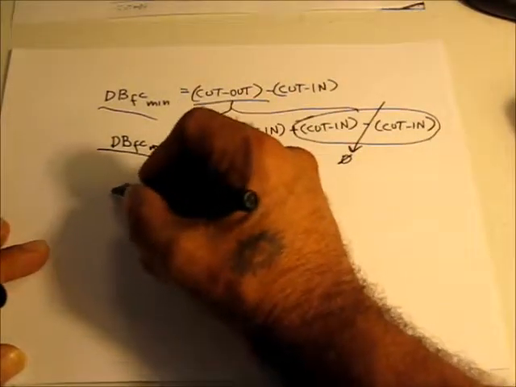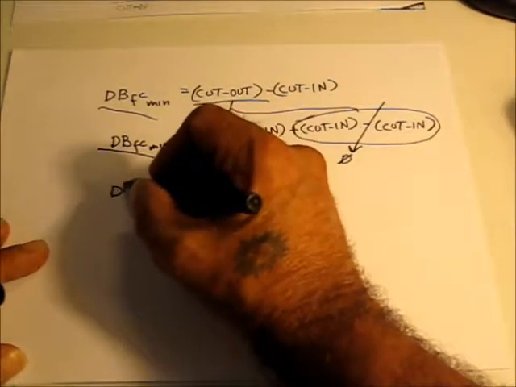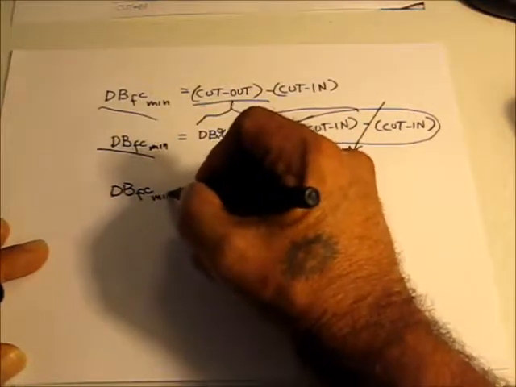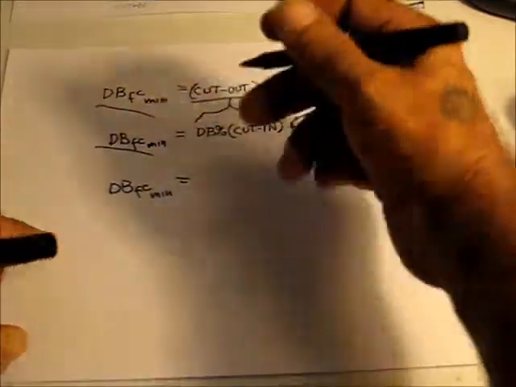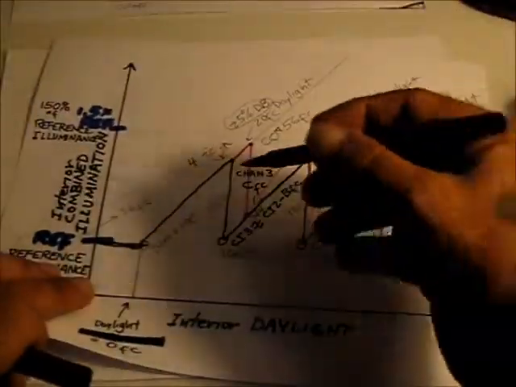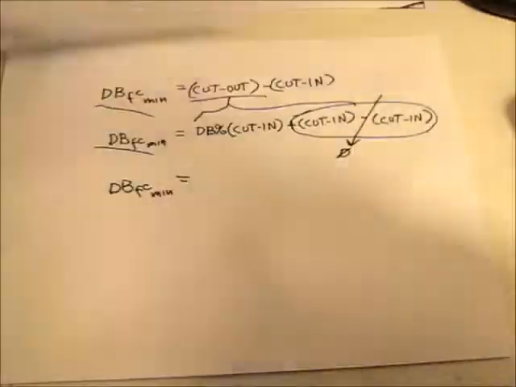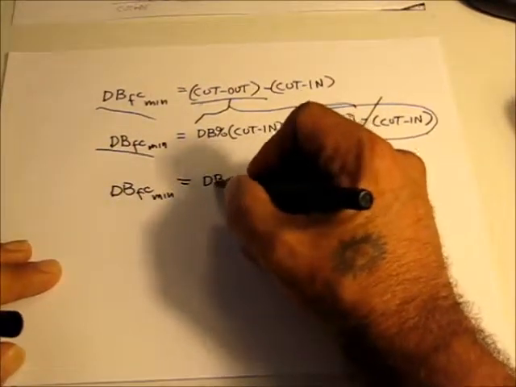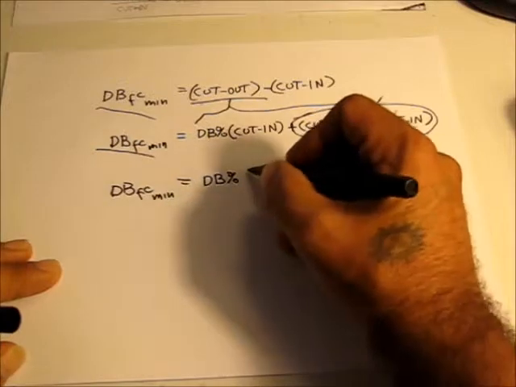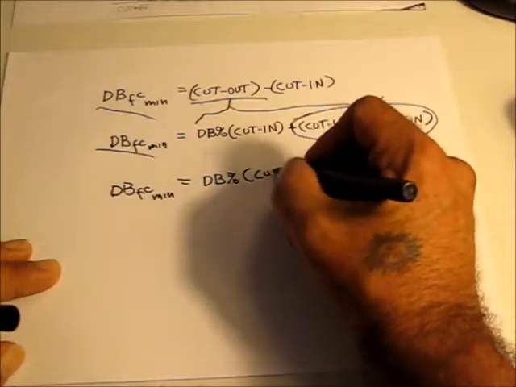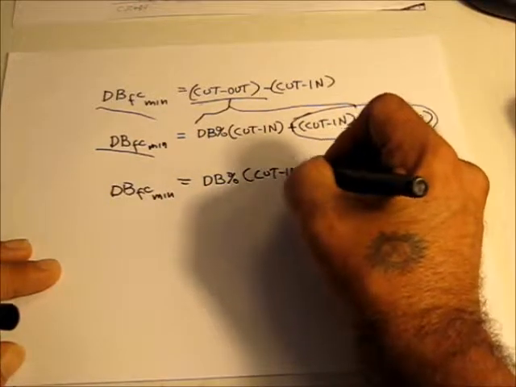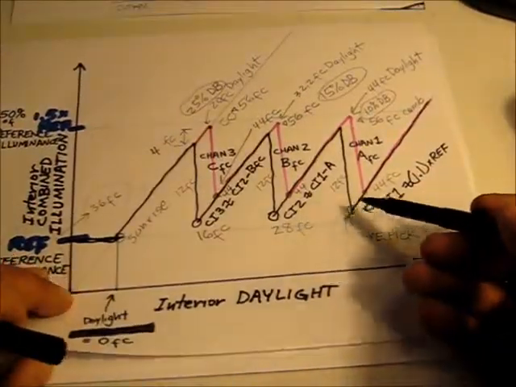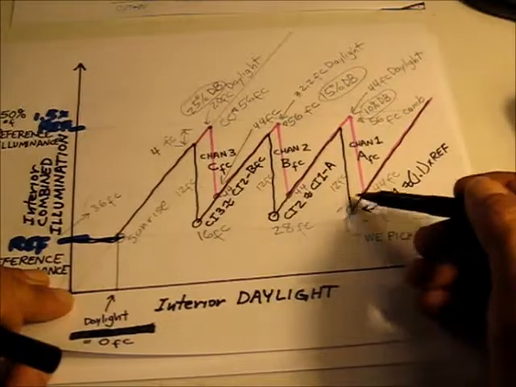This reduces our formula to deadband foot candles minimum, our desired minimum foot candle shift, right, equals deadband percent times cut-in, which we picked for this stage and we base the other ones on what we picked.